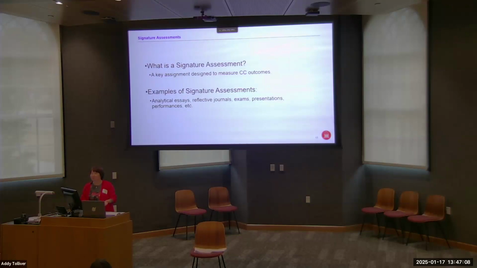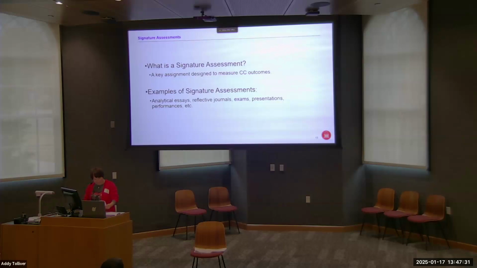Really, don't blame students. It's really our fault, right? As faculty, we didn't really prompt students to demonstrate those learning skills. So we really need to think about a signature assessment and try to design it in line with the rubric. This is what you're assessing, this is what you are asking. So they have to be matched.